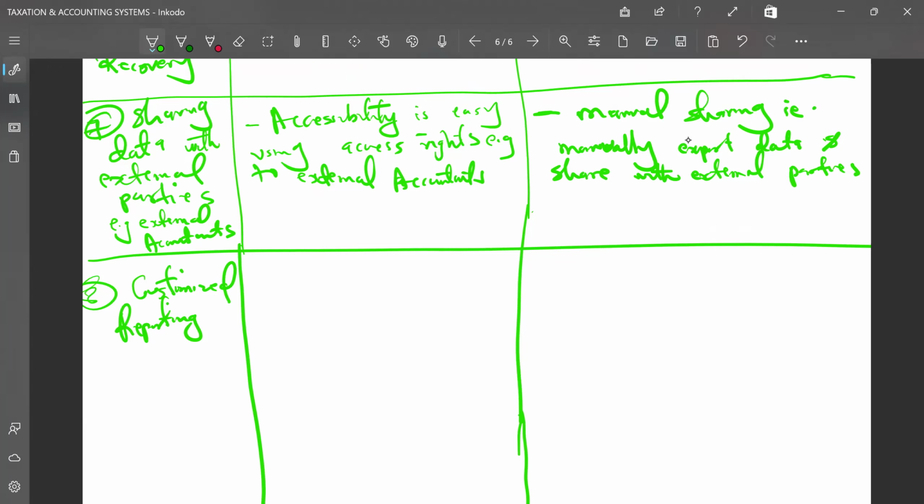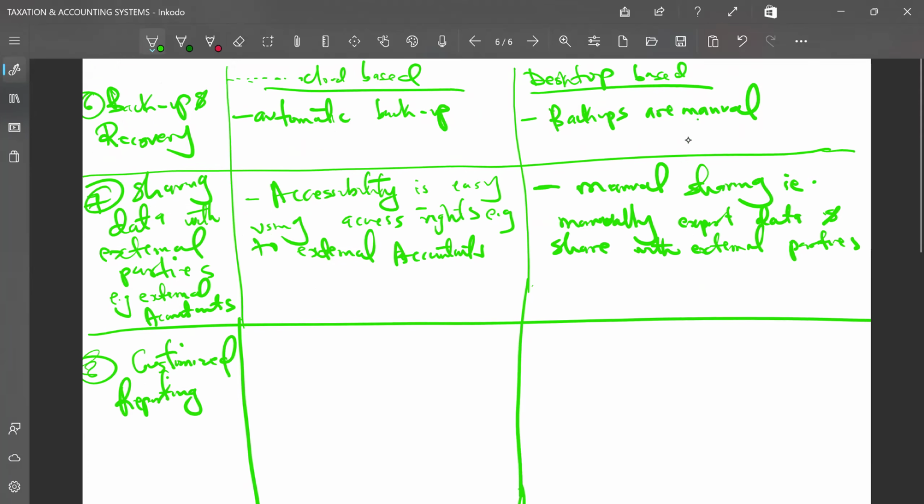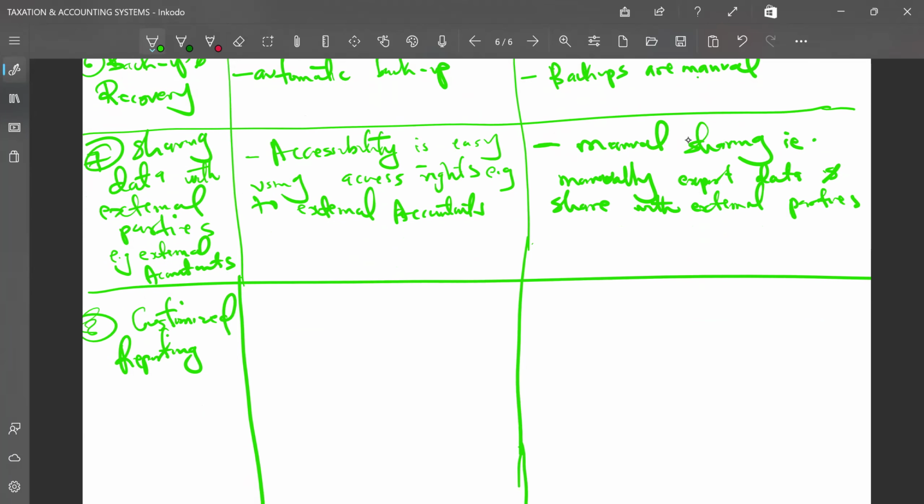Let me look at the manual accounting system, the desktop-based accounting system.